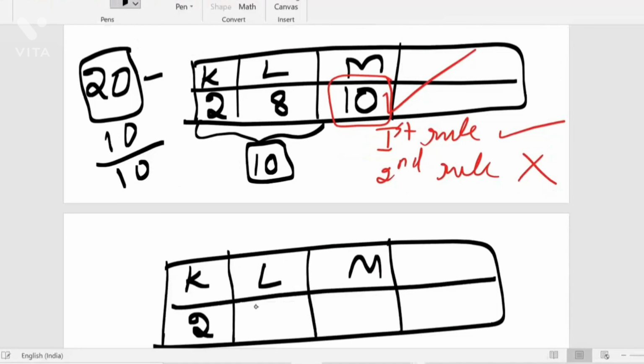I'm drawing one more table. K, L, M. So according to the second rule, I'm writing 2, 8, and maximum here, they're telling it should be 8. The remaining 2, I should occupy in the next shell. So I'm writing here the N shell. Now, is it right? Yes. So this is the way we have to write the electrons by following the first rule and the second rule.